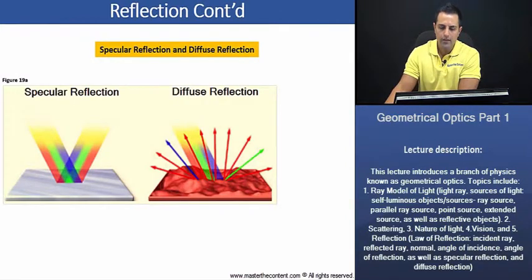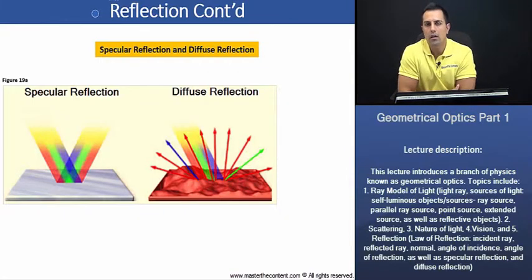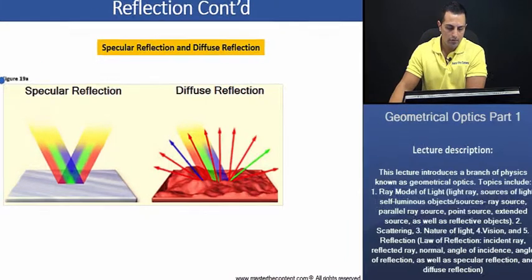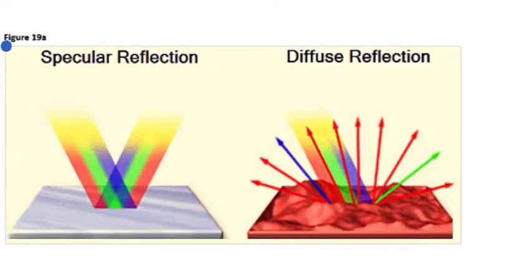Now, the amount of light that is reflected by an object, and even how it's reflected, is going to be dependent upon the smoothness or texture of the surface. Let's explain. Looking here at figure 19a, when a beam of parallel light rays reflects from a smooth surface, all the rays go off in the same direction.